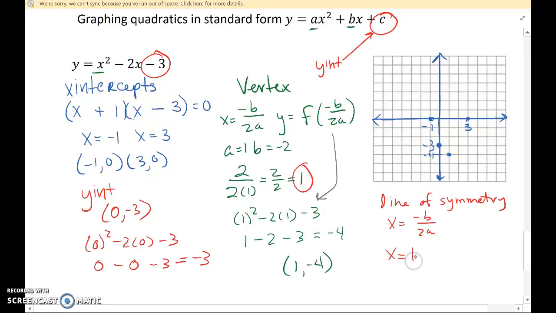So x equals 1. Anytime you have an x equals equation, it's going to be a vertical line. And this vertical line is always going to go through the vertex. So if you can remember that, it's a quick way to get your line of symmetry. The line of symmetry helps us because using it, we can get an extra point.